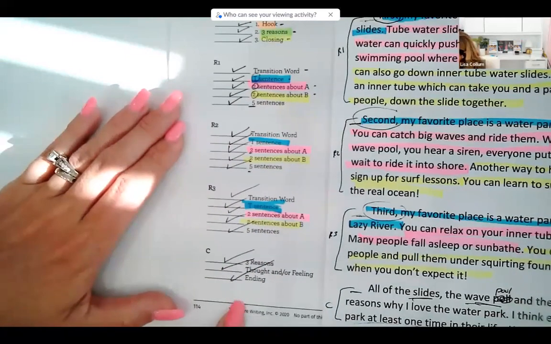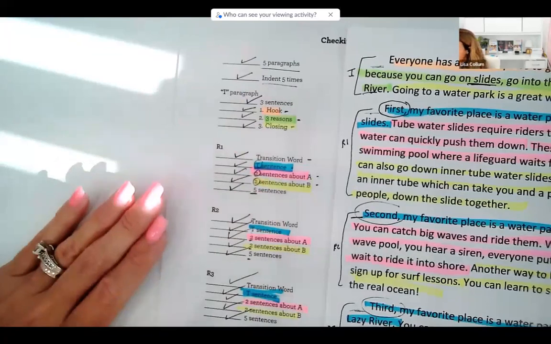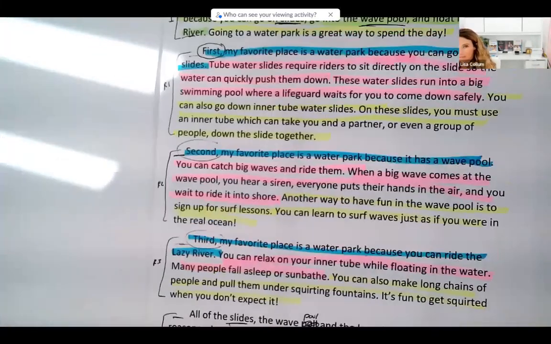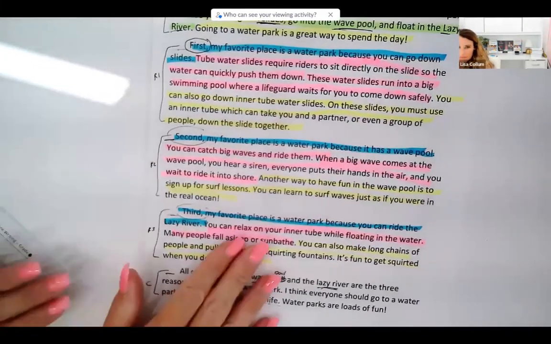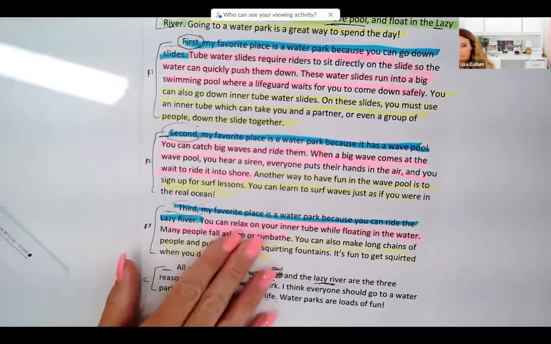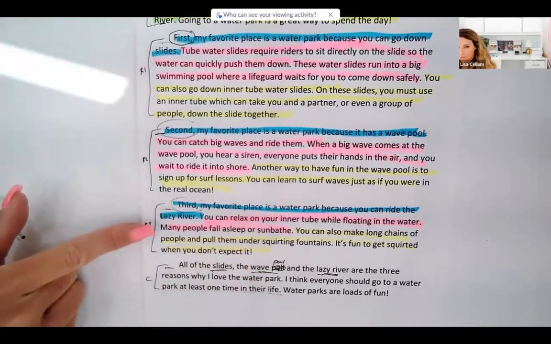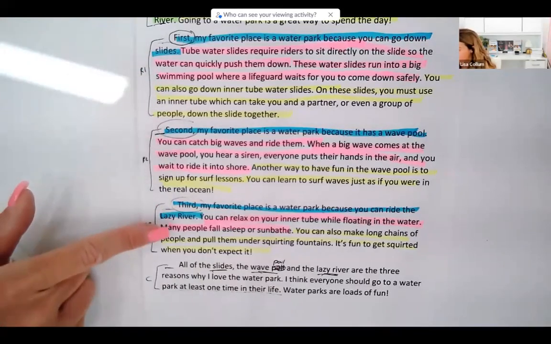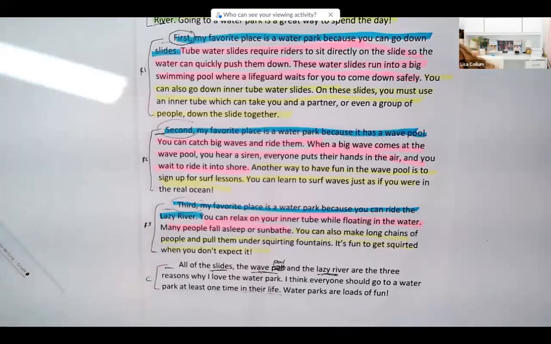And if you have any questions, make sure you go back and read or watch that part of the lesson, okay? So when it comes to our full essay, if you're just looking at the middle paragraphs, my topic sentences are in blue. My 2 A sentences are in pink. And my 2 B sentences are in yellow.